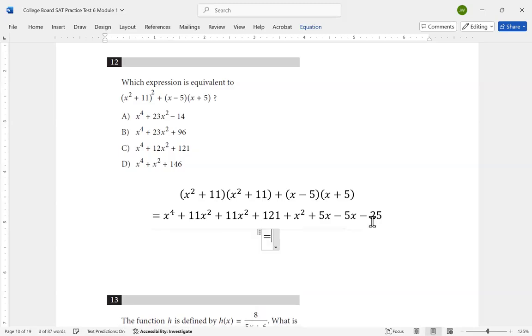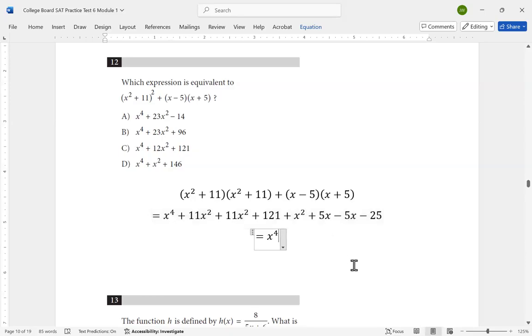At this stage, we can just combine like terms. There's only one x to the fourth term. When you look at the x squared terms, we have 11 plus 11 plus an x squared. So 3 x squared terms, which have coefficients of 11, 11, and 1.